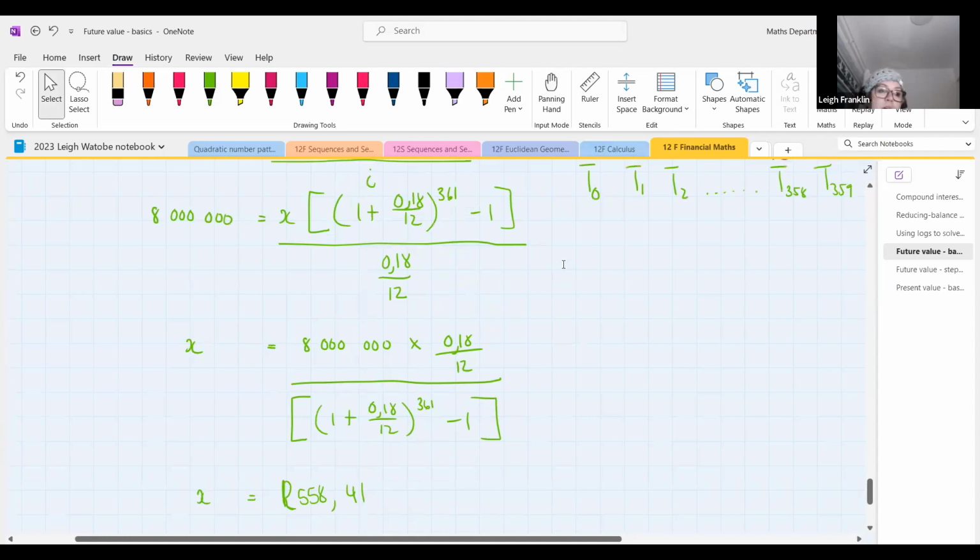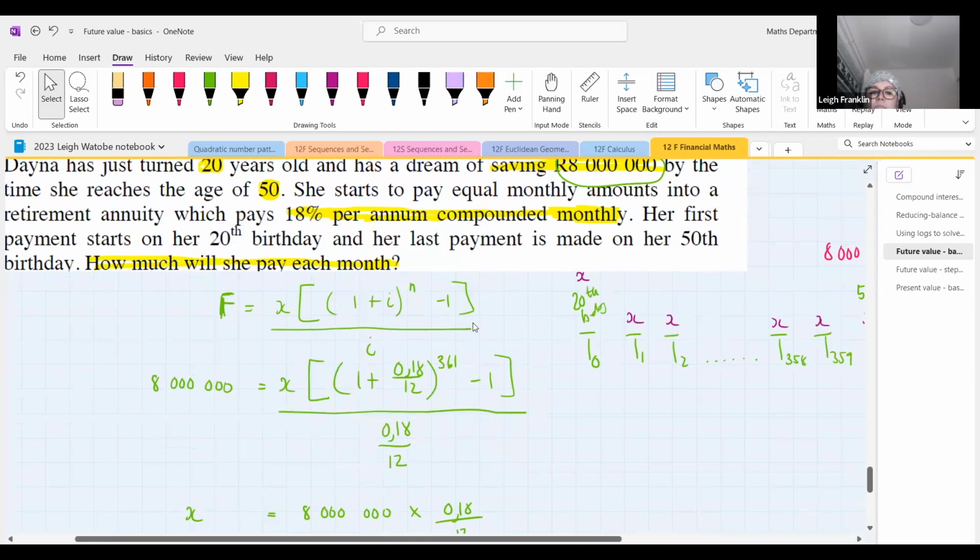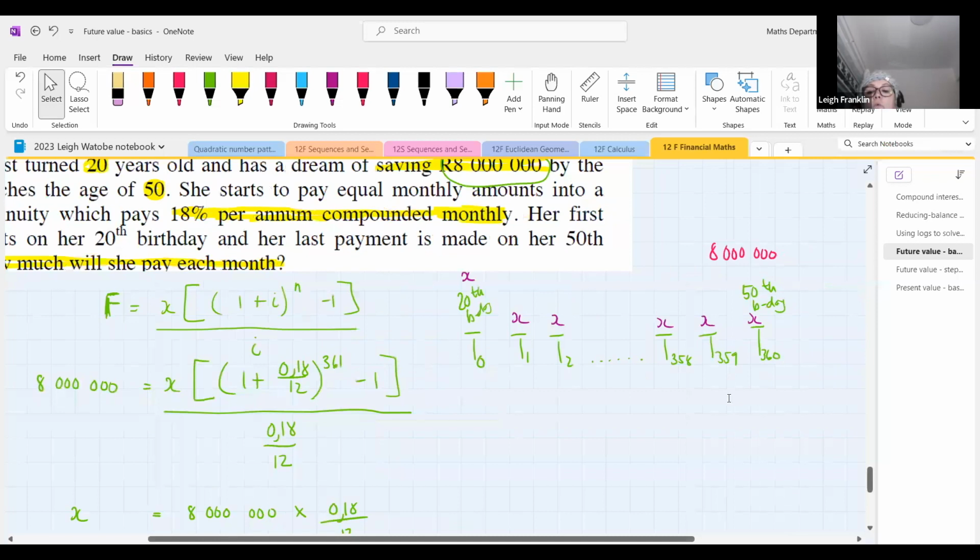So in that last year, Leanne, there are going to be 13 payments, because the 13th payment of the year takes place on her birthday again. I hope that makes sense. If she stopped paying 1 month before she turns 50, then there would be 360 payments.